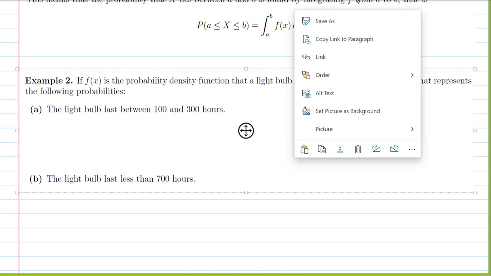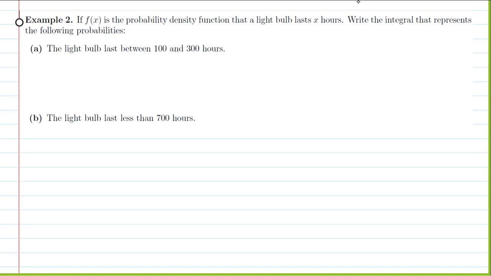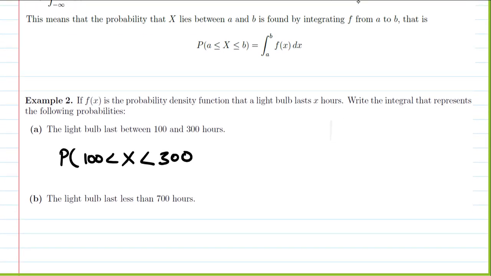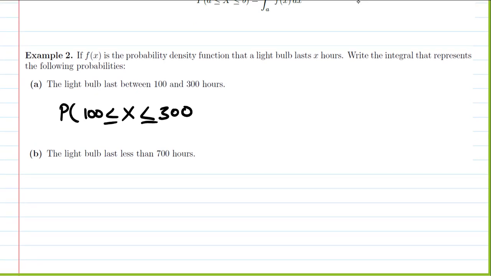So if f of x is the probability density function of a light bulb that lasts x hours, write the integral that represents the following probabilities. So the light bulb lasts between 100 and 300 hours. So we want the probability that our random variable x is in between 100 and 300 hours.